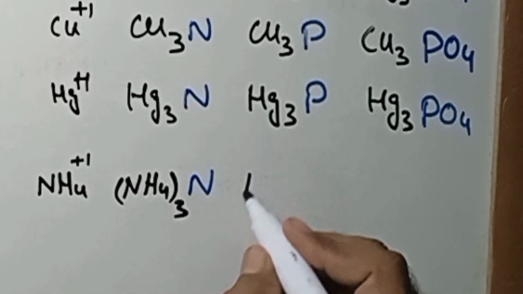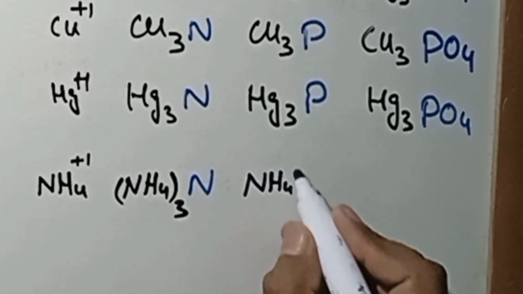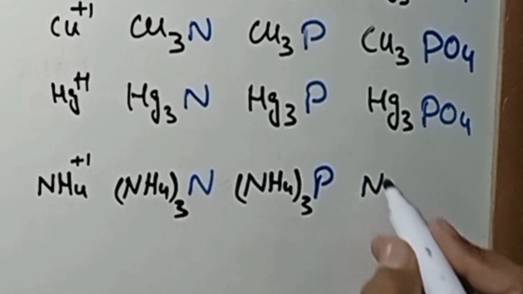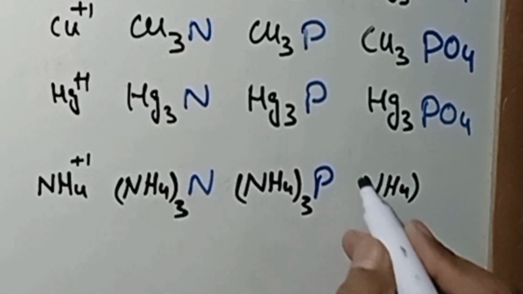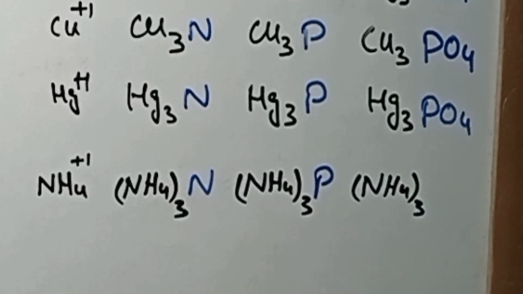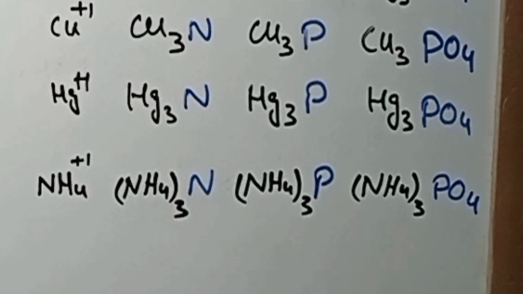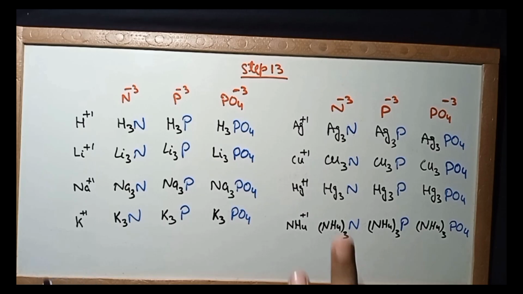Ammonium nitride, NH4 thrice N. Ammonium phosphide, NH4 thrice P. NH4 thrice PO4, this is ammonium phosphate. Okay students, step 1-3 is completed, and in the next video we will start with step 2-1.